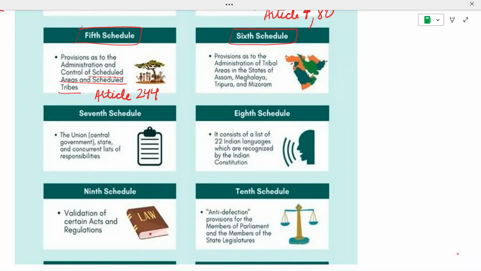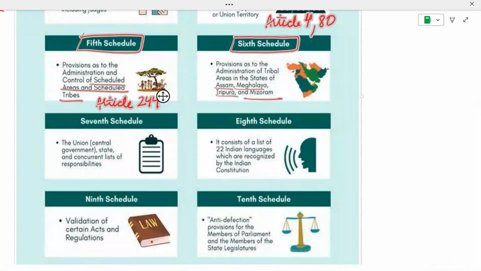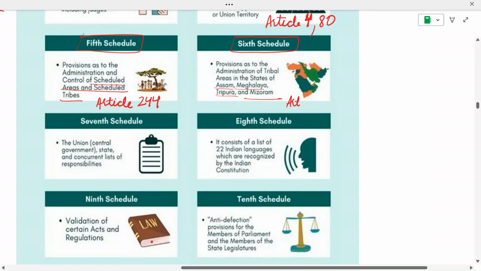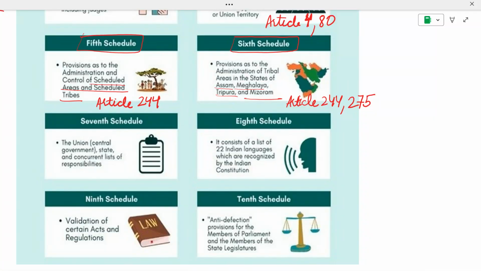The articles are Article 244 and 275. These 2 articles define the provisions for the administration of the tribal areas in the states of Meghalaya, Assam, Tripura and Mizoram. That is included in the sixth schedule.